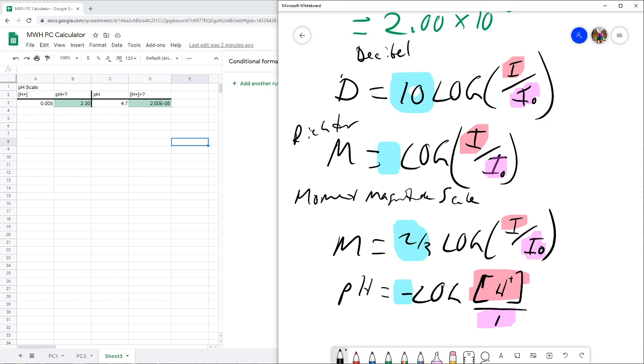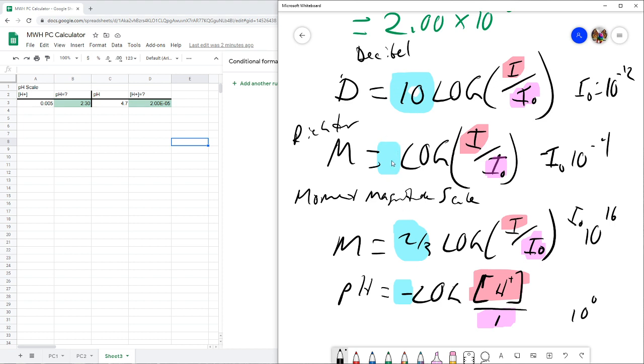For the decibel scale, I naught was 10 to negative 12. For the Richter scale, it was 10 to negative 4. Moment magnitude was 10 to the 16. In this case, this is 10 to the 0. So when we think about this, we could think of all 4 of these as following the same type of function, and it all depended upon what is the coefficient.